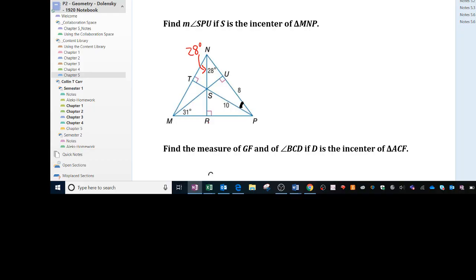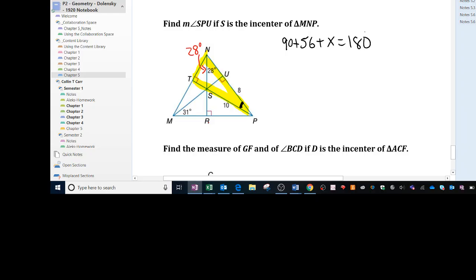Okay, so he's looking at this triangle right here. So therefore we take 90 plus 28 and 28 is 56 plus x equals 180.